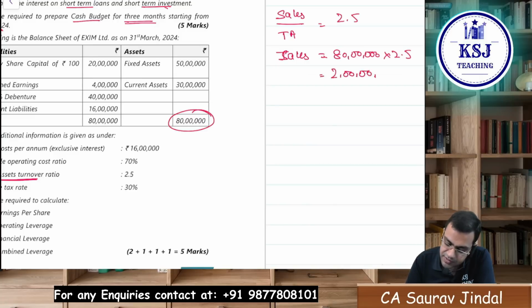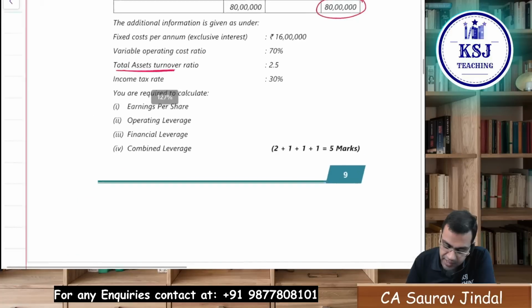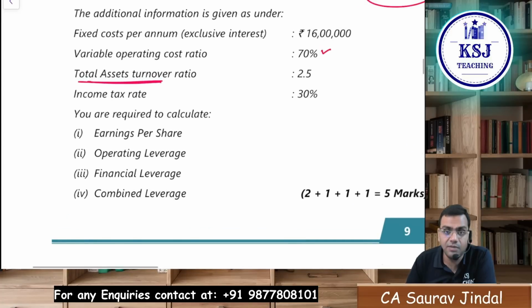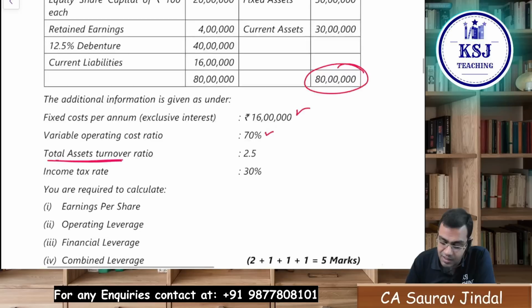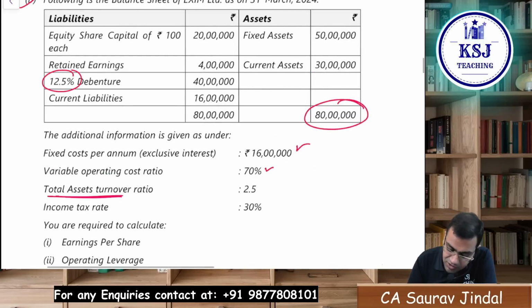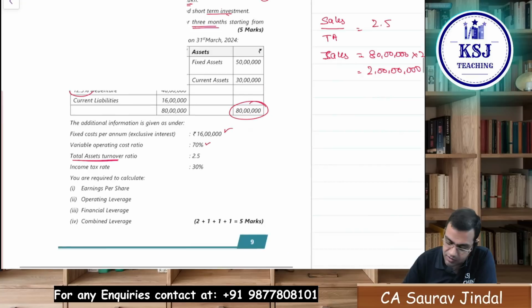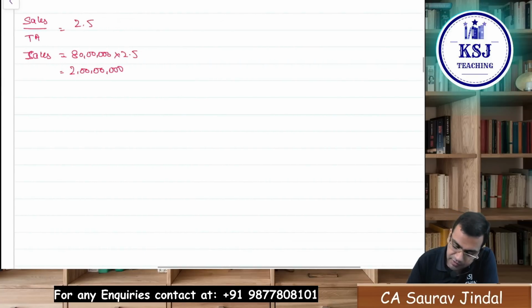2 crores of sales. Sales minus variable cost 70%, that is 1 crore 40 lakhs, you will get a contribution of 60 lakhs.